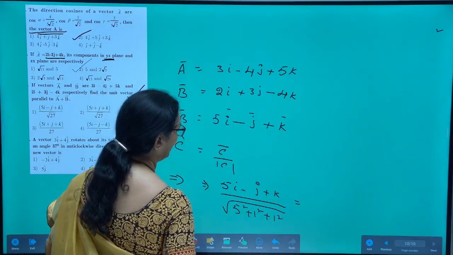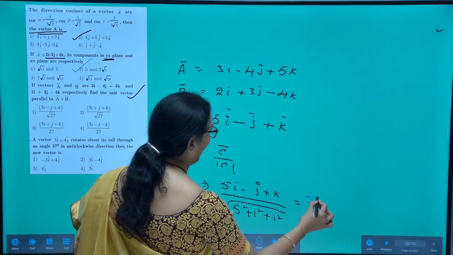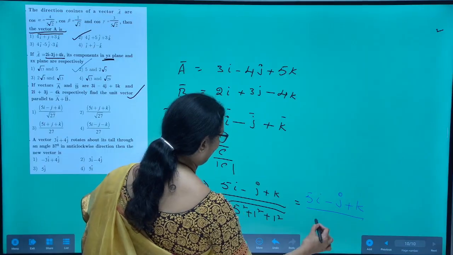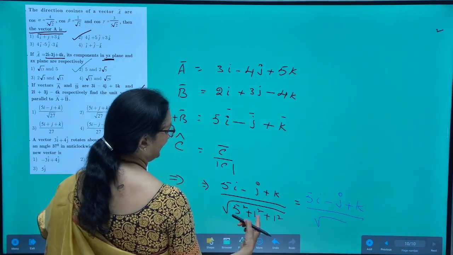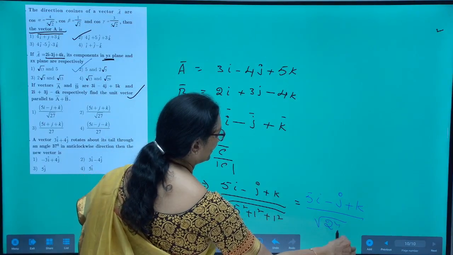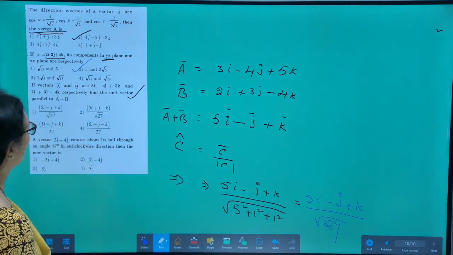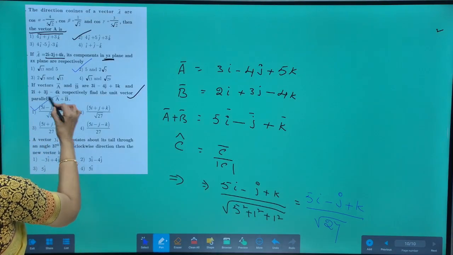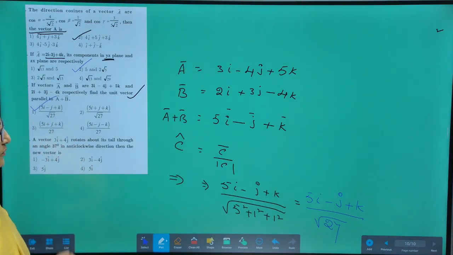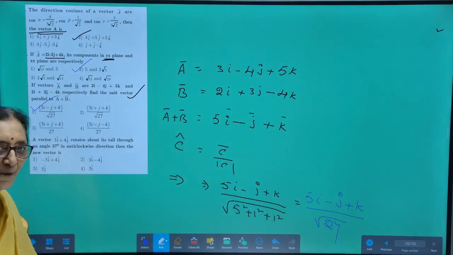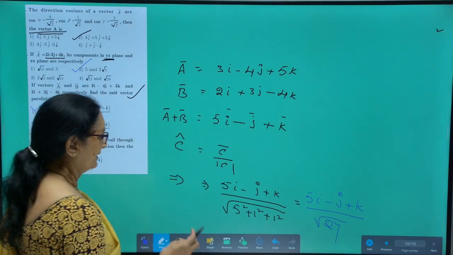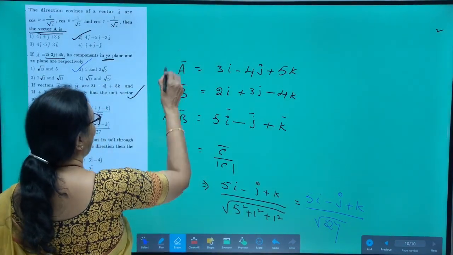This is equal to 5i minus j plus k divided by root of 25, 26, 27, root 27. That is the option. 5i minus j plus k by root 27 is the correct option for that problem. And the last one.